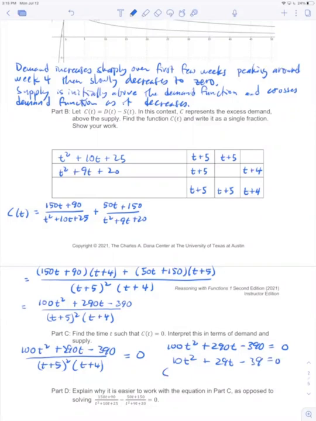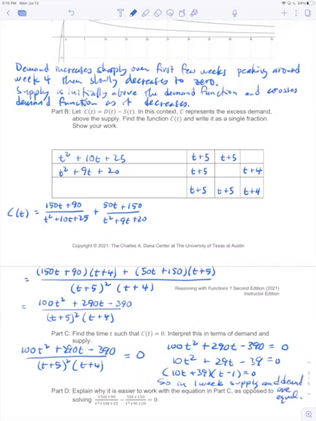If we factored it, we get 10t plus 39 times t minus 1 is equal to 0. So we're going to see that in 1 week, the supply and demand are equal. So in 1 week, supply and demand are equal. All right.